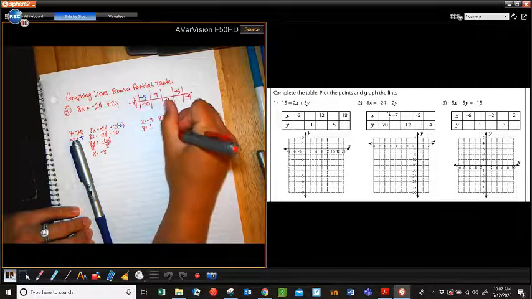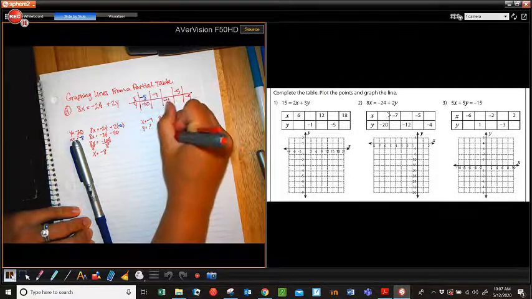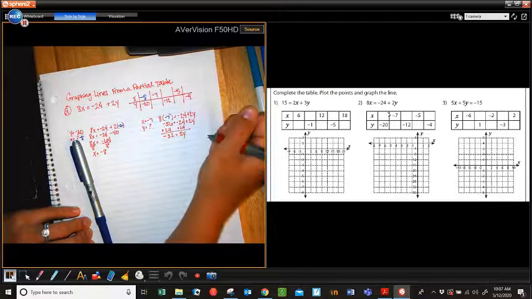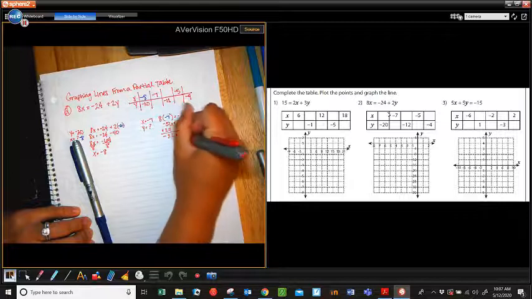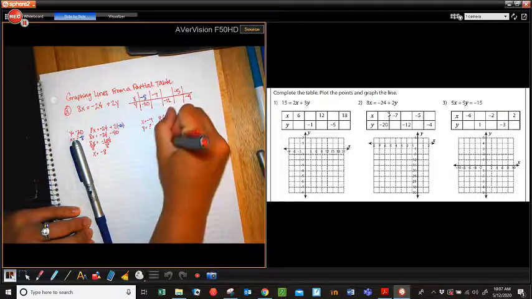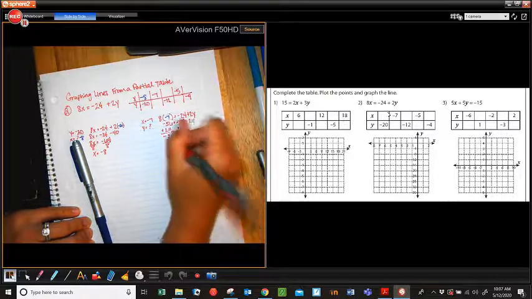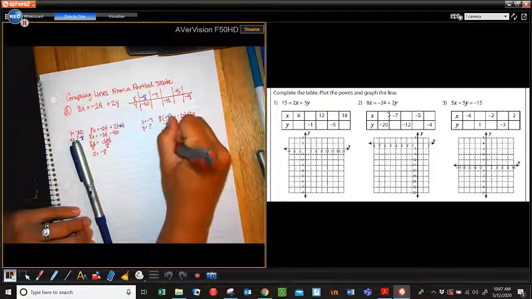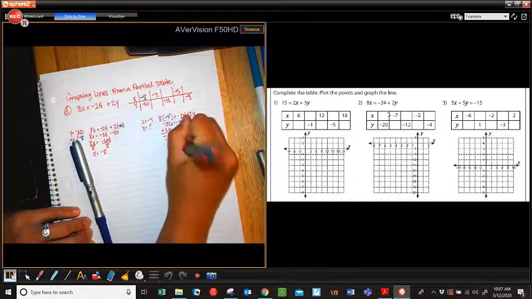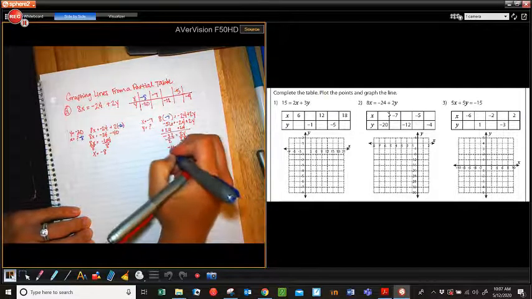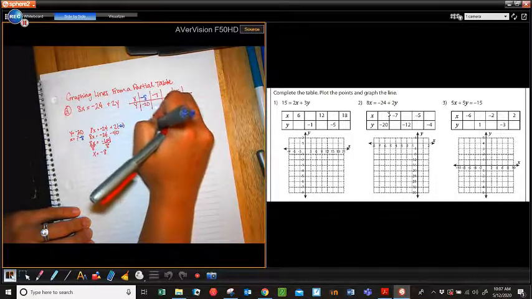And 6 minus 4 is 2, 5 minus 2 is 3, so negative 32 equals 2y. And one more step, divide by 2. And 2 goes into negative 32, negative 16 times. So when x is negative 7, y is negative 16.